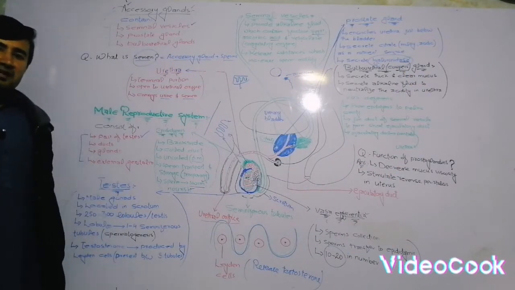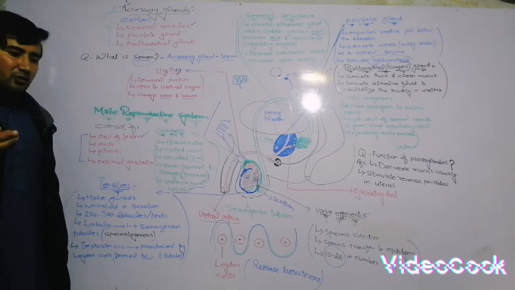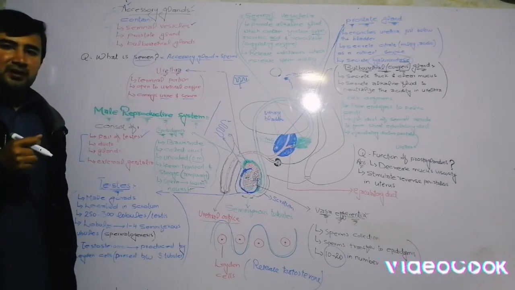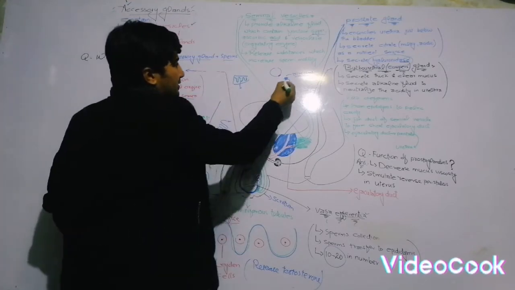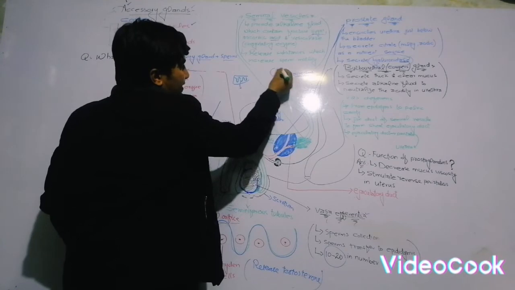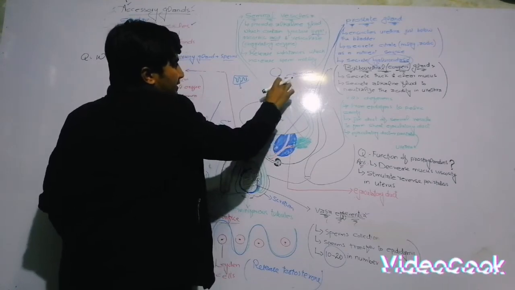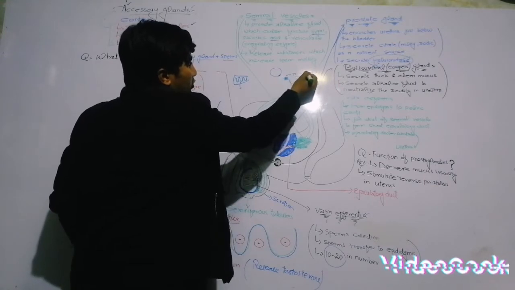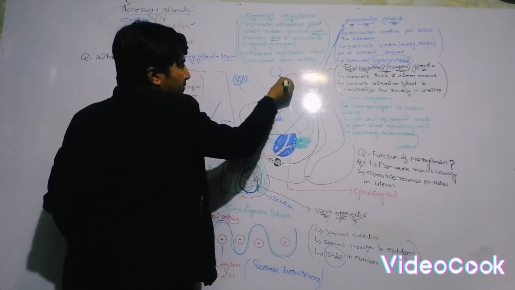When the hyaluronidase enzyme is secreted, it digests the oocyte. Let's see how it does this process. For example, this is a sperm and this is an egg. The sperm contains a portion called the acrosome, which is located at the tip of the sperm.